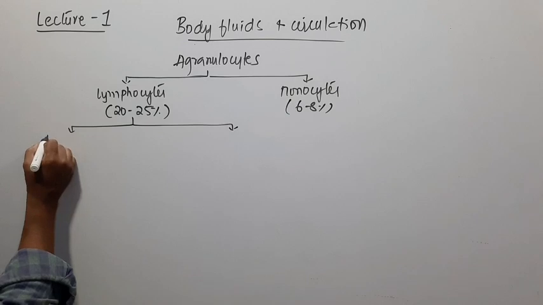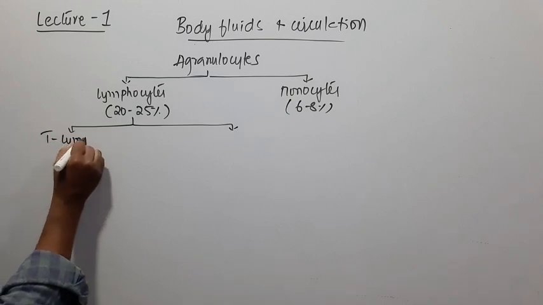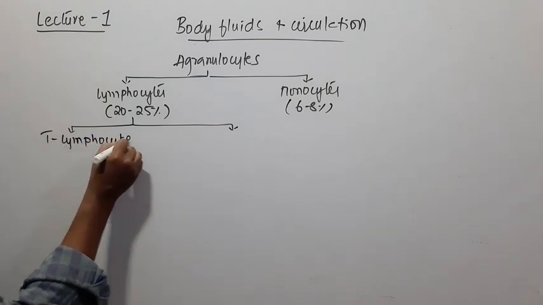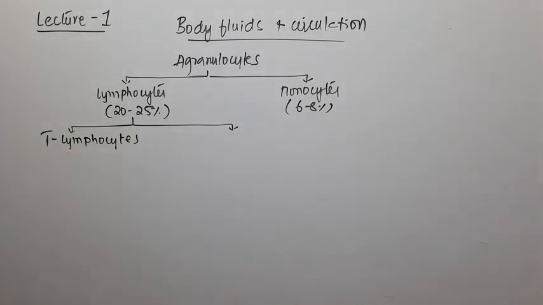One we call T lymphocytes, basing on where they actually mature. Usually lymphocytes are all developed in the bone marrow, so if they reach the thymus where they get mature, then those lymphocytes we call T lymphocytes.